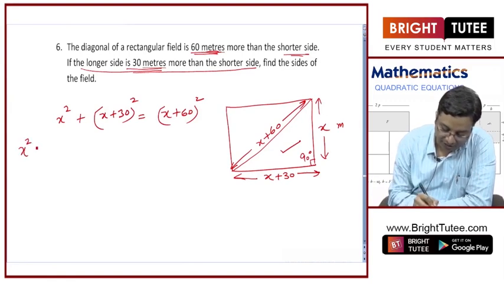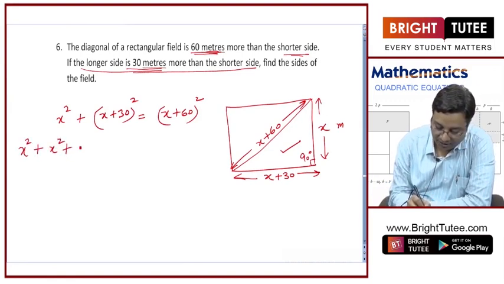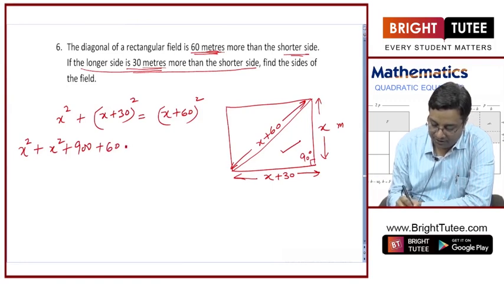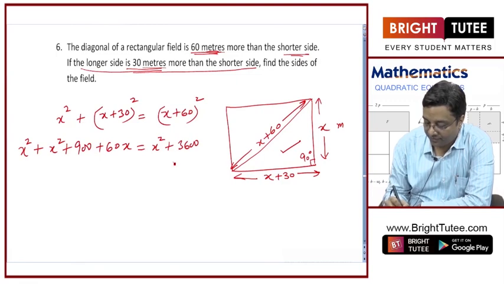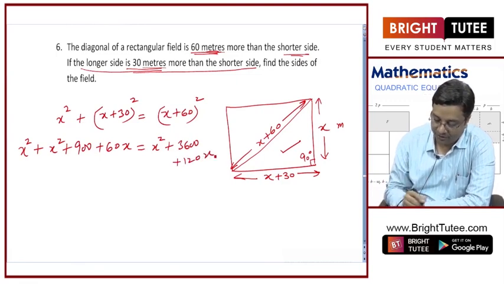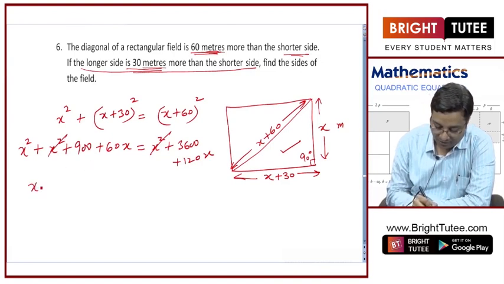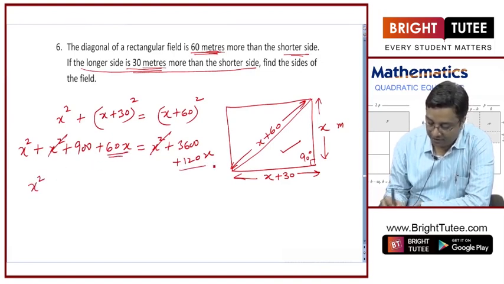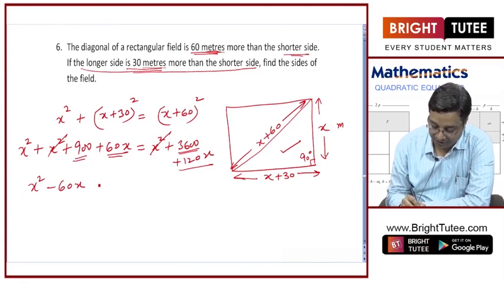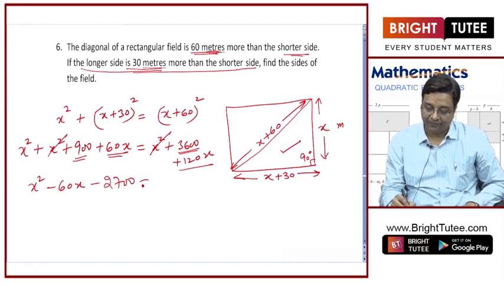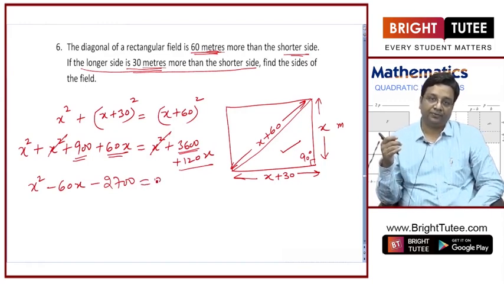So let's see what is the quadratic equation. x square plus 900 plus 60x equal to x square plus 3600 plus 120x. Okay, so x square gets cancelled here. 60x minus 120x will give me minus 60x. 900 minus 3600 will give me minus 2700, equal to 0. All right.